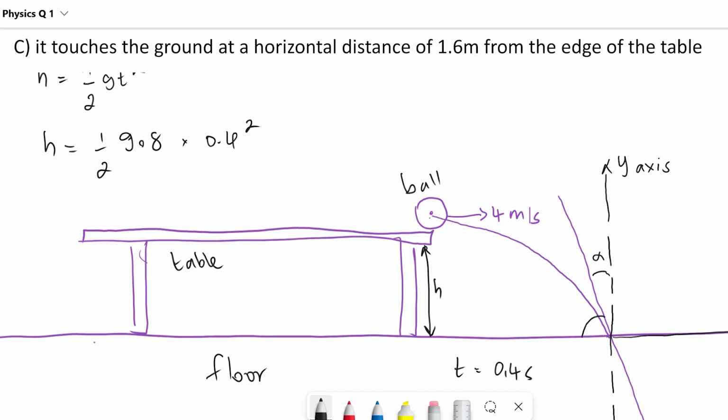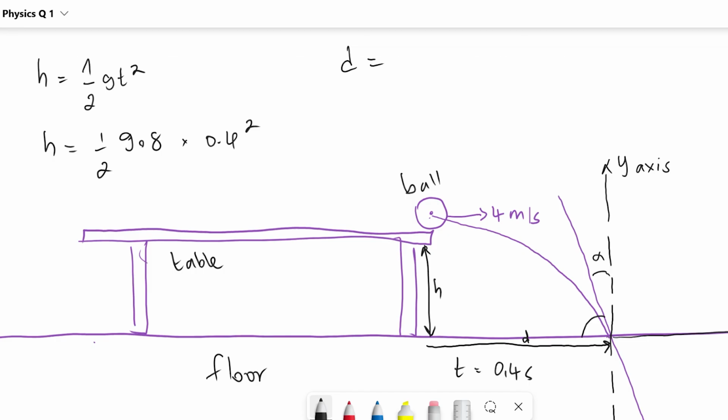C, the ball touches the ground at a horizontal distance of 1.6 meters from the edge of the table. Horizontal displacement. So the horizontal displacement is this distance here, from here to here. Let's call it d. Since we have no acceleration in the x-axis, we only have a speed that we assume is going to be constant.